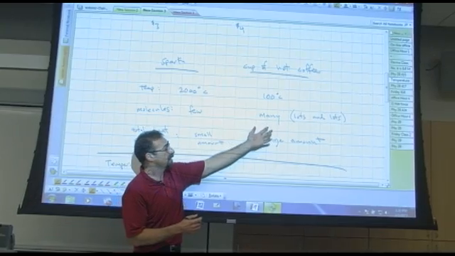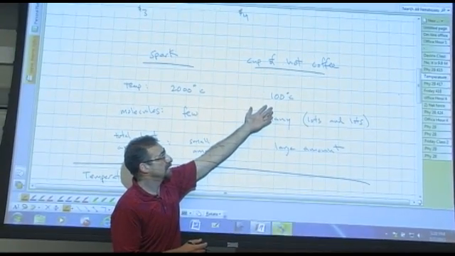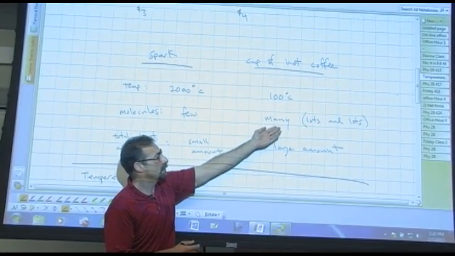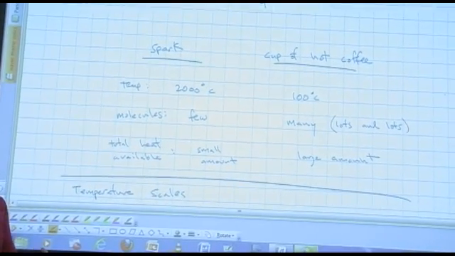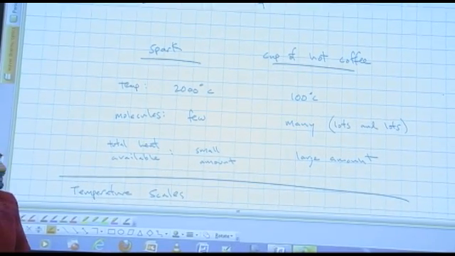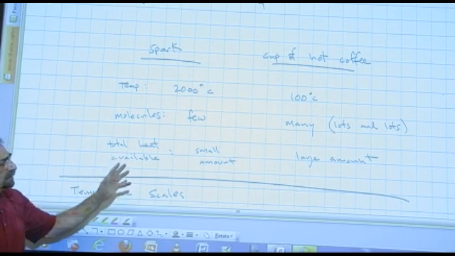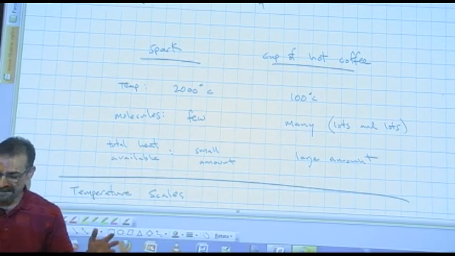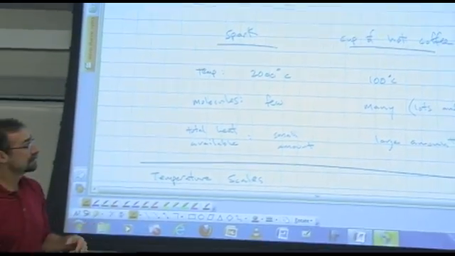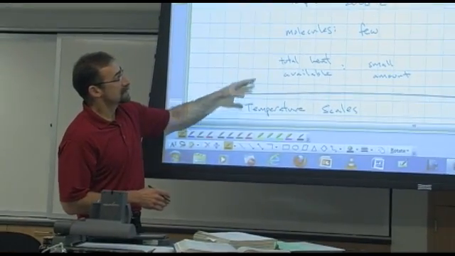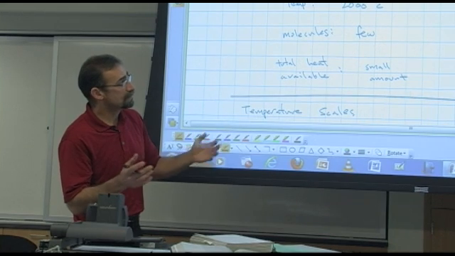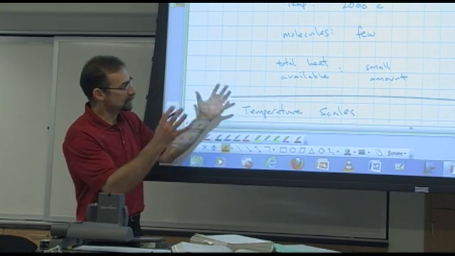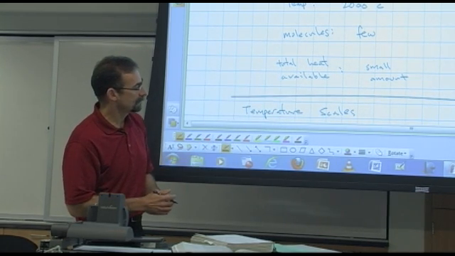In the cup of coffee, each molecule didn't have that much energy, but there were so many of them that a large amount of energy was available, a large amount of heat was available to transfer to your skin and do damage. A little bit, maybe that helps you clarify the difference between temperature and heat. Temperature tells us each molecule, what it's doing on average, and heat is sort of the total available.